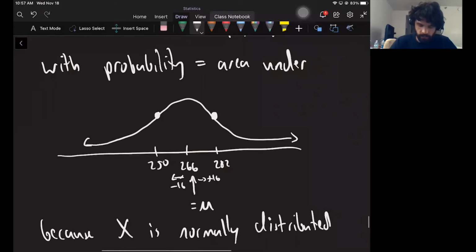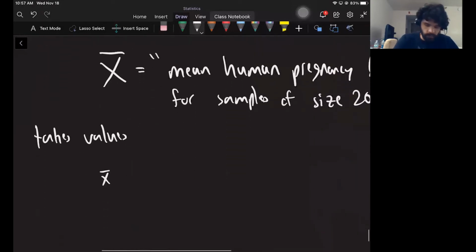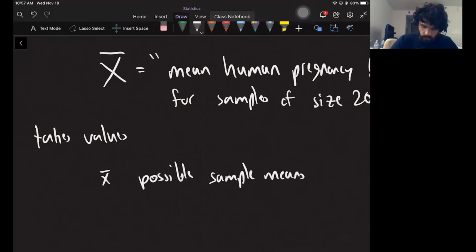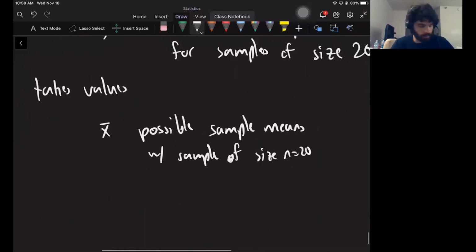And let me write it here. So what can little x bar be? It can be those possible sample means, where you take a sample of size 20. But it doesn't take these values all equally likely again.